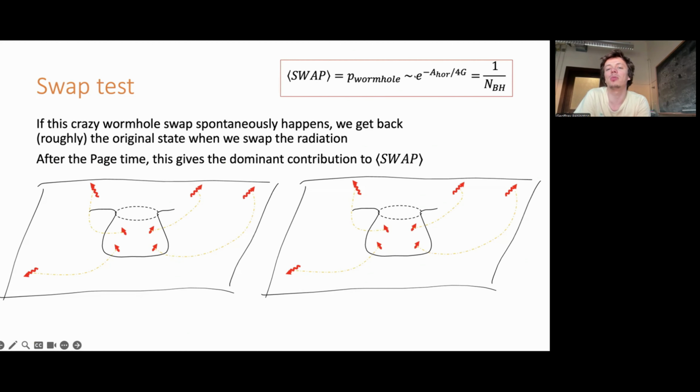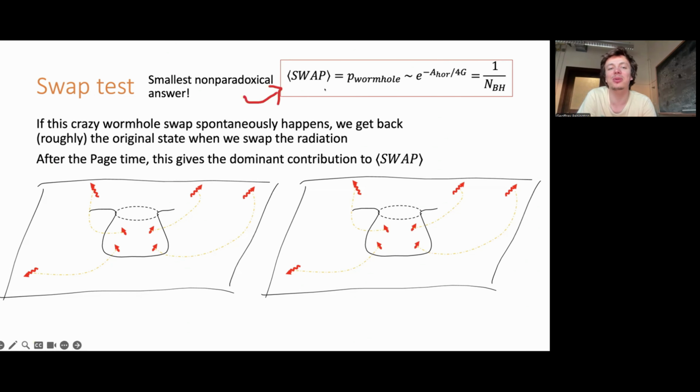And in fact, the probability this wormhole forms is directly related to e to the minus the area of the horizon over 4G. That just follows from the action that you have in quantum gravity, the Einstein-Hilbert action. And so this gives an answer for the expectation value of the swap operator that is exactly 1 over the number of states the black hole can be in.